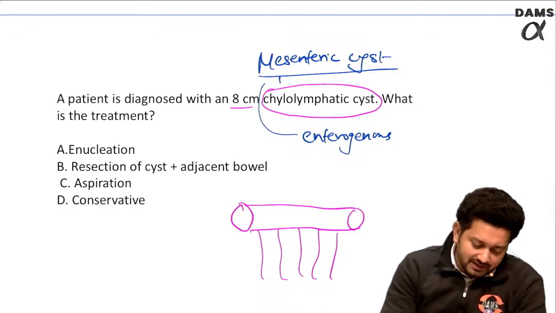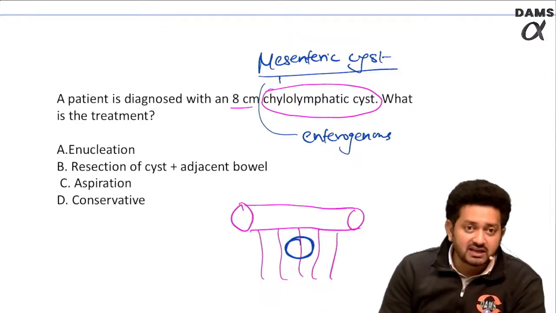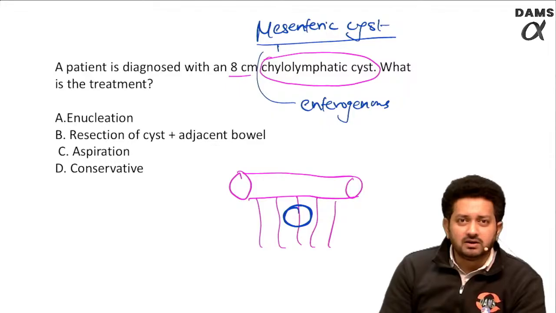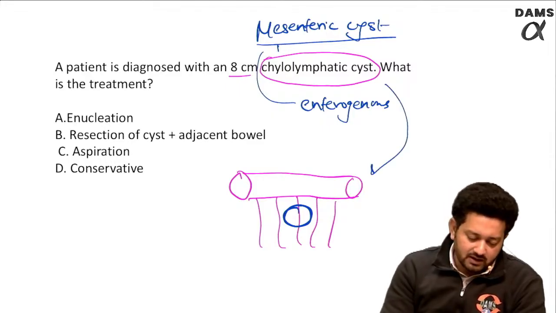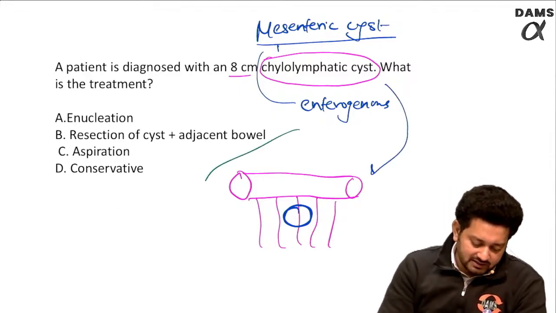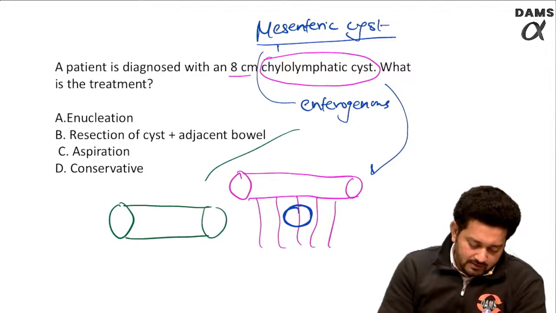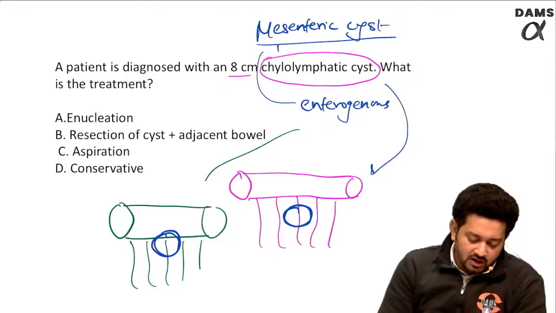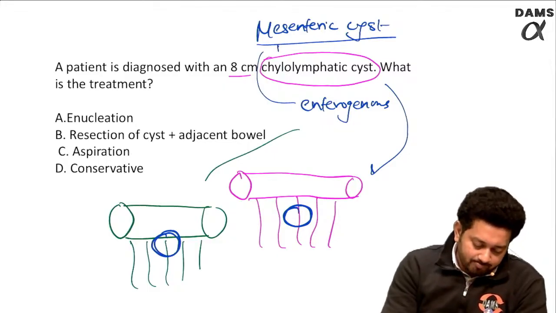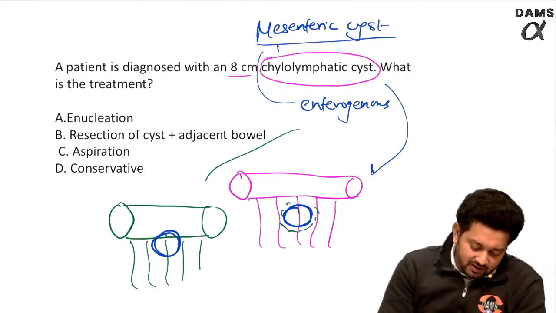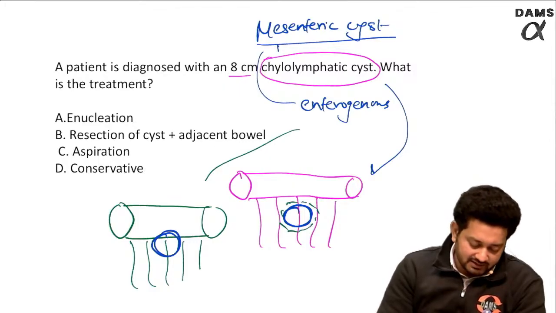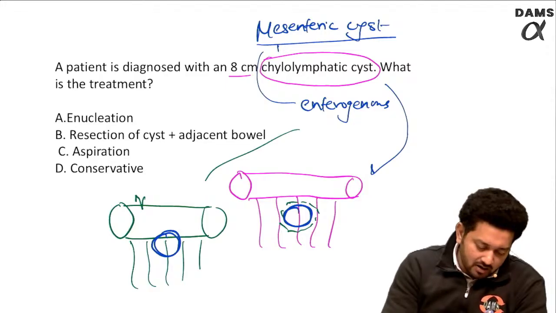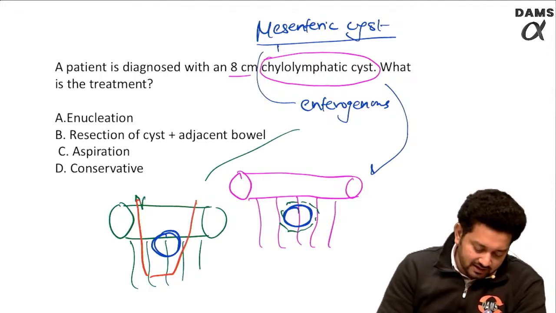In the mesentery there is a cyst which is separate from the bowel. This is chylolymphatic. And enterogenous is a cyst which shares the common blood supply with the intestine. So in chylolymphatic, you can remove the cyst without removing the intestine, but in enterogenous you have to take the part of the intestine from where it is arising.